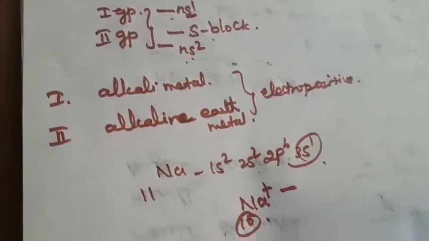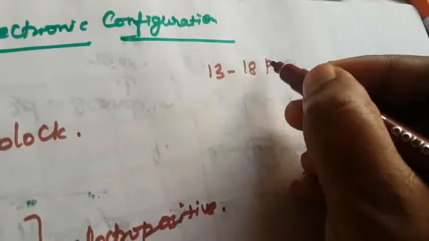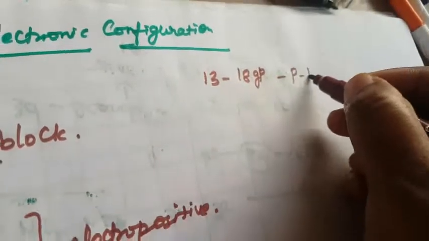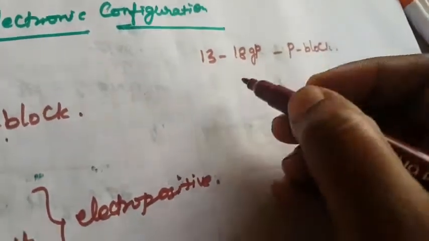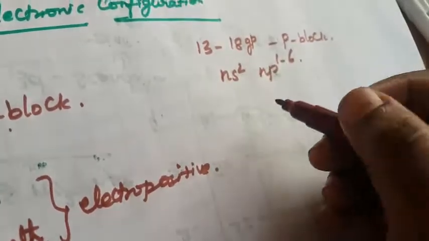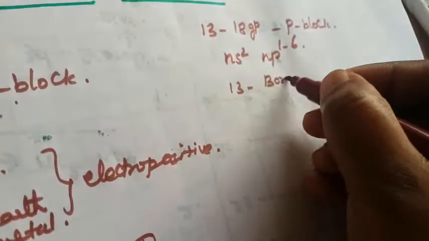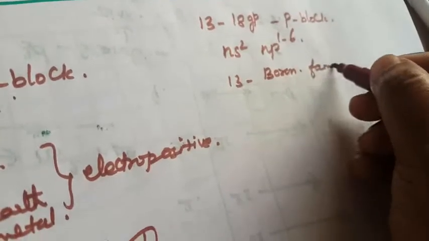Another one, what is meant by p block elements? The 13th to 18th group elements are called p block elements. The electronic configuration is ns2 np1 to 6. The 13th group is called the boron family.